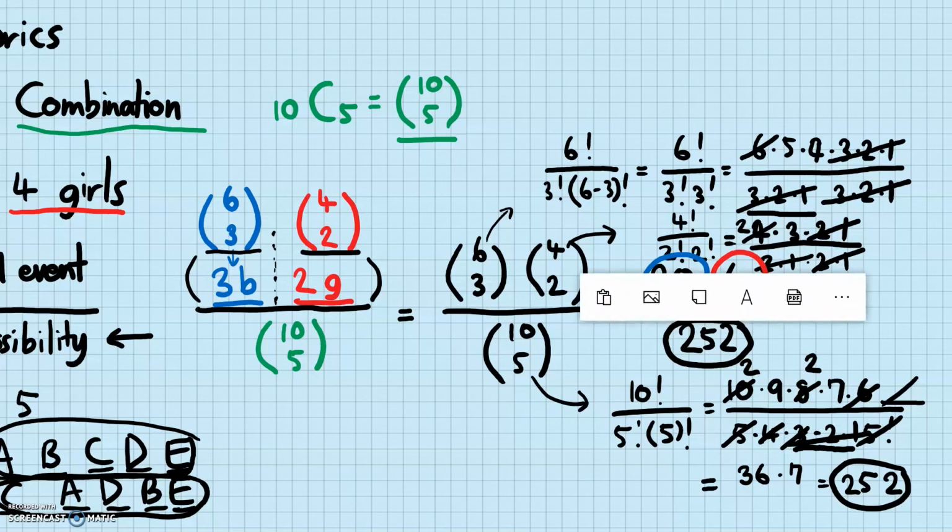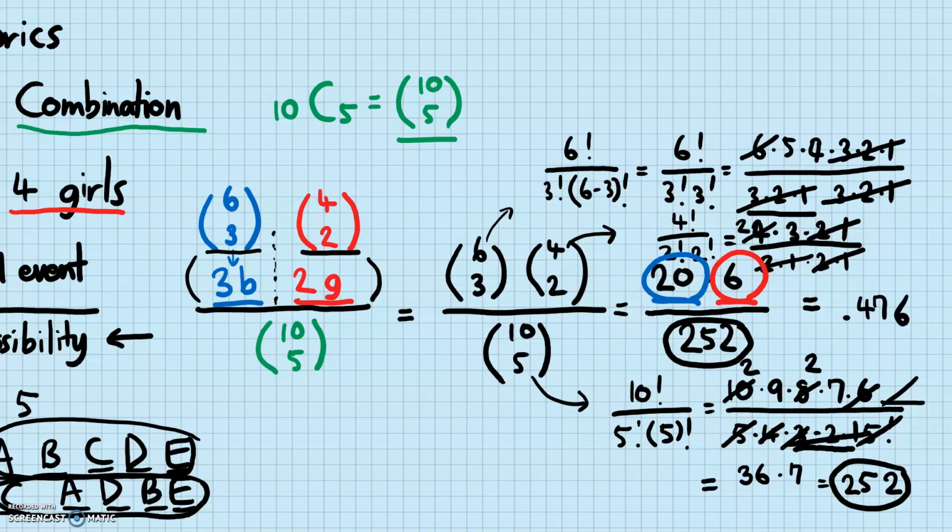And you'll get 0.476... So that means you have about a 47 or 48% chance of picking 3 boys and 2 girls when you're choosing 5 students out of 10 students. So that's almost half. In almost half of the cases, you're going to be choosing 3 boys and 2 girls.